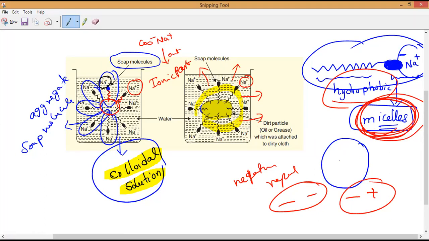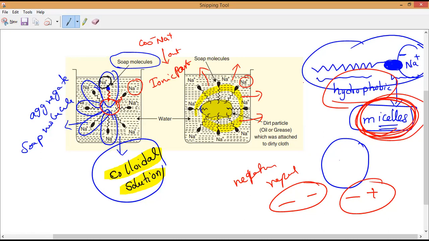Cleansing depends upon the number of rinsings with clean water and the amount of grease or dirt present on the surface of the cloth. That is why different soaps give different cleaning results, like Surf Excel, Tide and so on. Are they all the same? No. The number of micelles formed with clean water and the amount of dirt decide how it cleans.